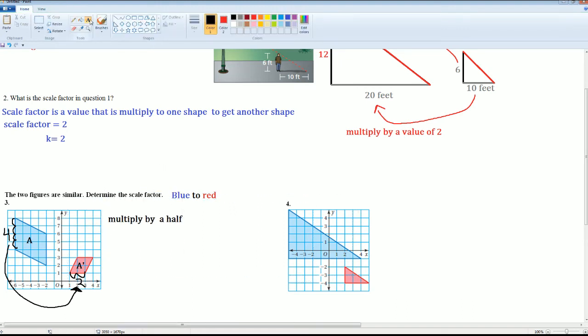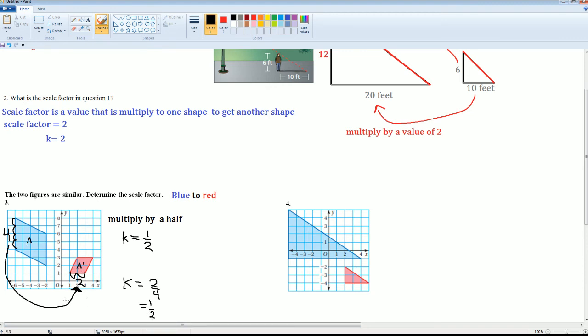You would write scale factor equals, so K is equal to a half, 1 over 2. If you're wondering how I got 1 over 2, think about it. K is equal to 2 over 4. What is 2 over 4 if you simplify that? 1 half. Do you see that?